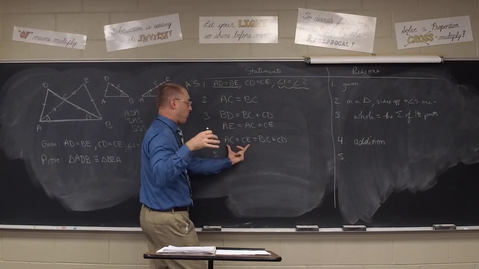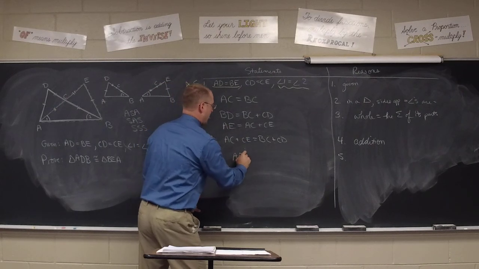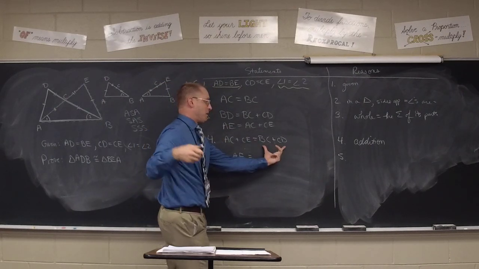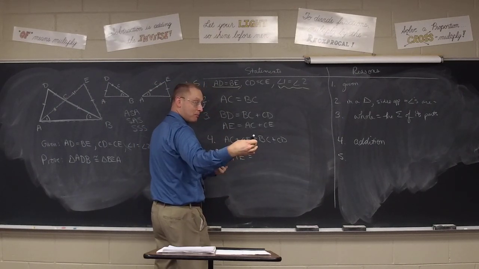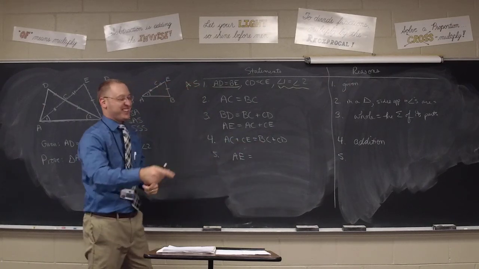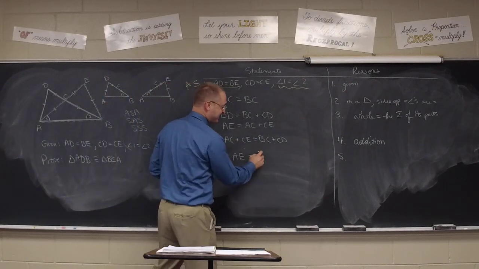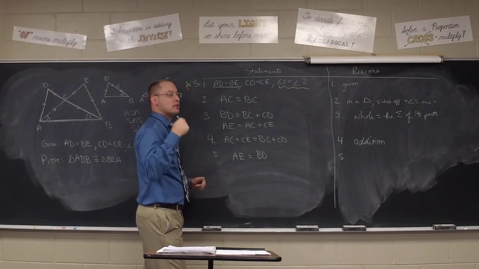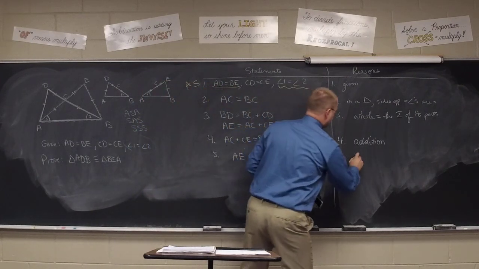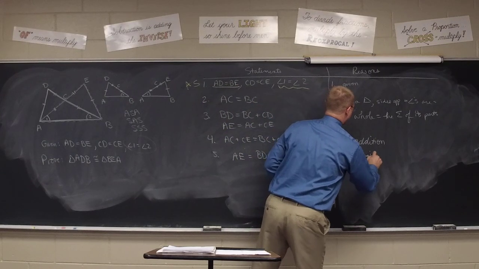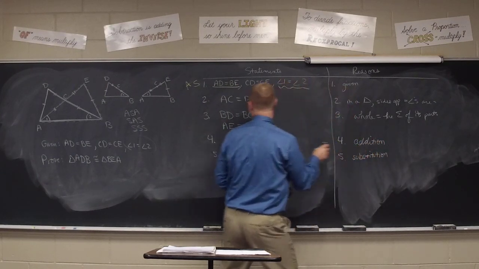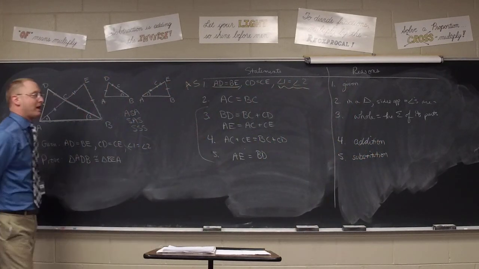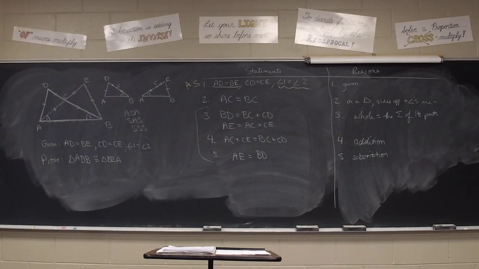So I can take AE and put it right there, and equals BC plus CD, which is BD, and that's where I do my substitution. Again, get a good set of 3 steps to tuck away in your mind: whole equals sum of parts, addition, substitution. And that's to take pieces equal and get wholes equal as a result.